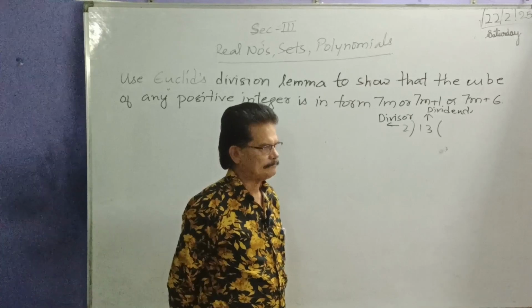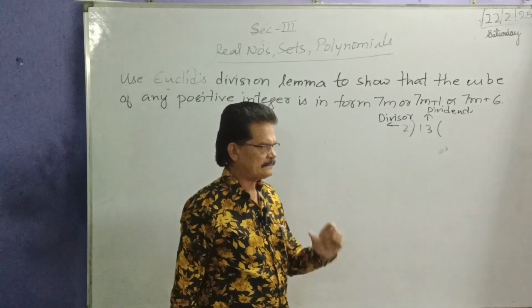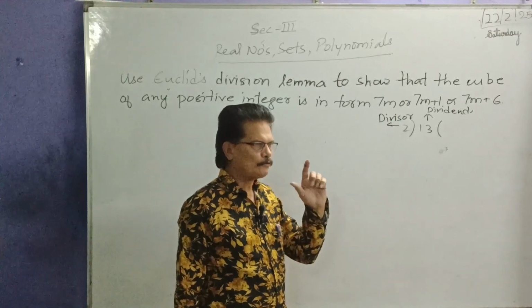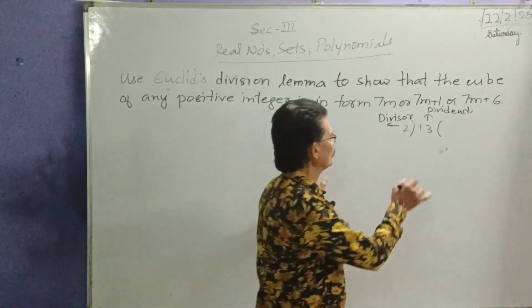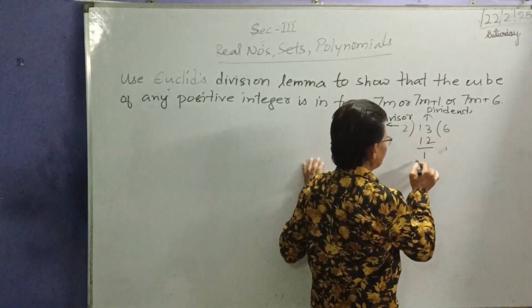Now we start the division. We will arrive at two more parts. And what are those two parts? Let us see. 2 sixes are 12 and we are left with 1.